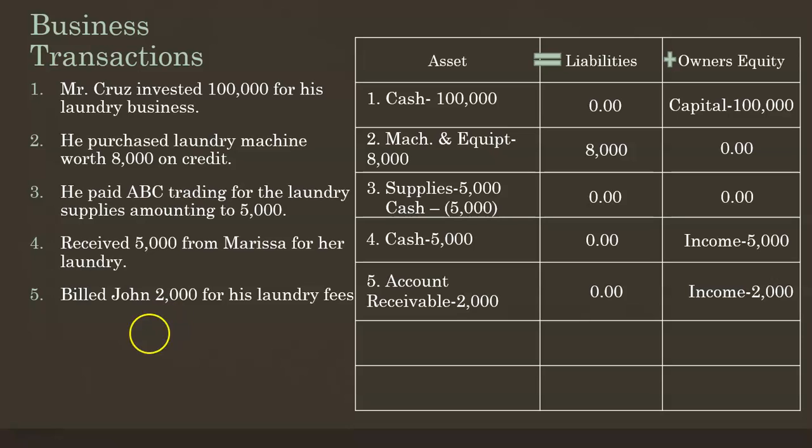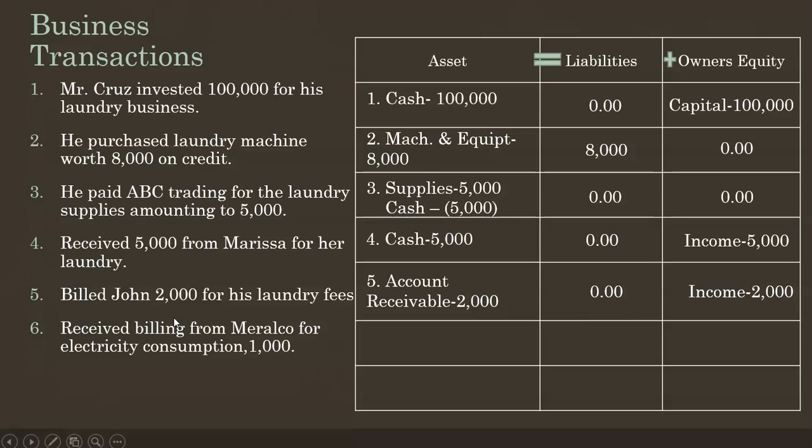Let us try transaction number 6. Received billing from Meralco for electricity consumption, 1,000 pesos. Meaning to say, the billing was just received. It was not mentioned whether Mr. De La Cruz has already paid the electricity. Let us analyze. So, you have no effect on your assets.